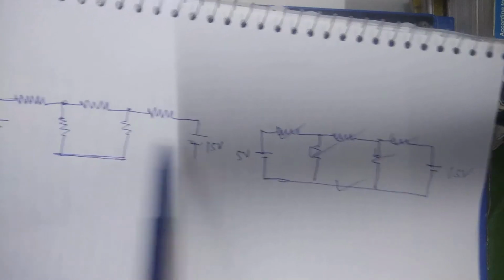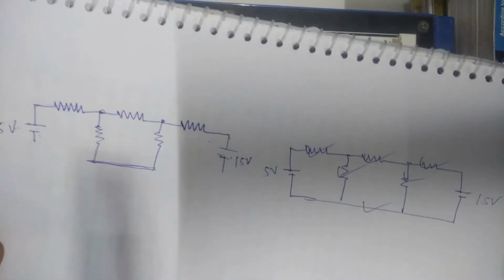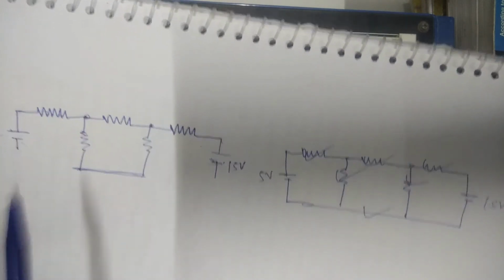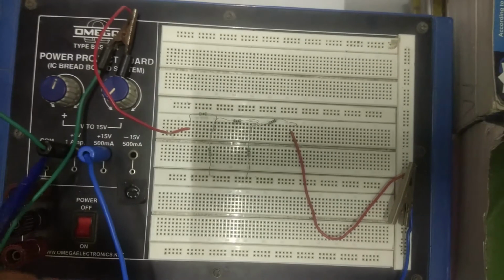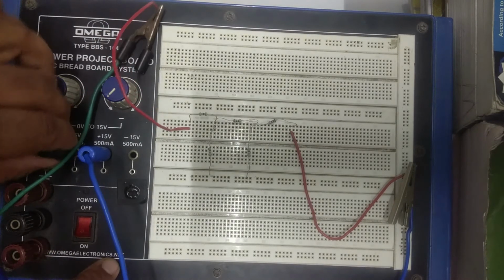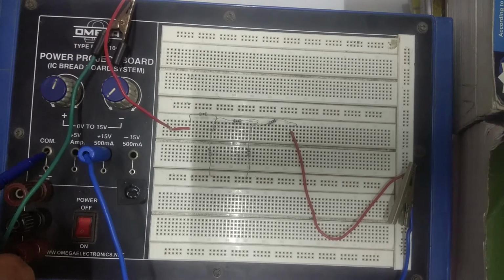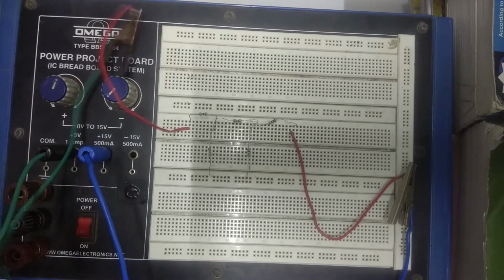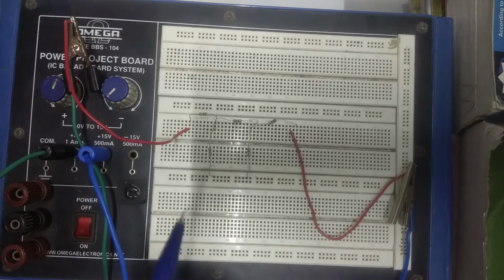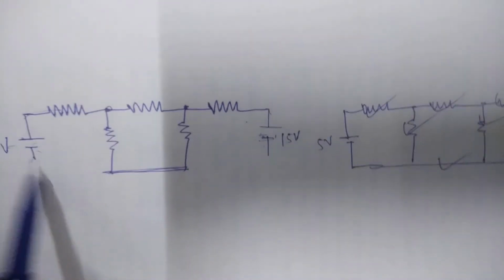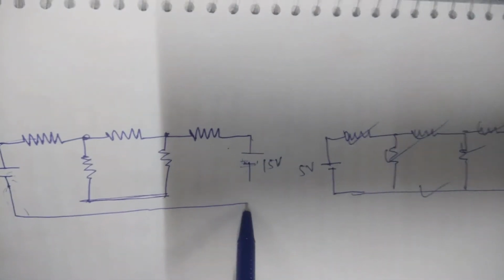Previously, in our circuit drawings, the ground was different for both, but in actual practice in any DC circuit the ground or common point will be the same. So the common point is available over here. Even if I have not joined the circuit, this common is already joined.